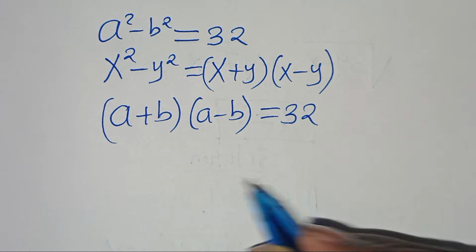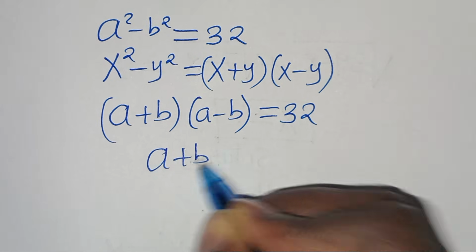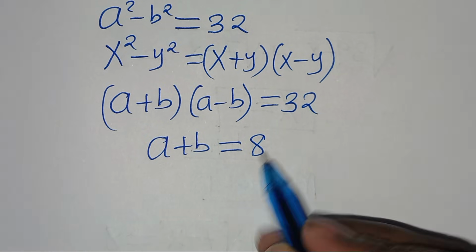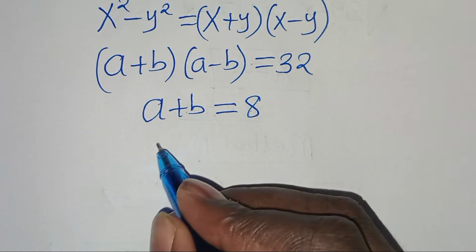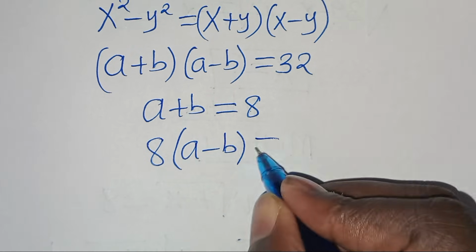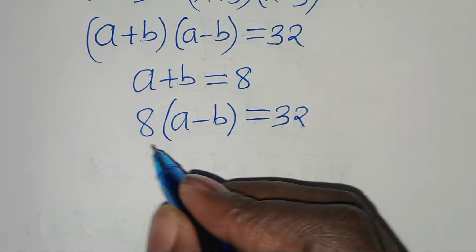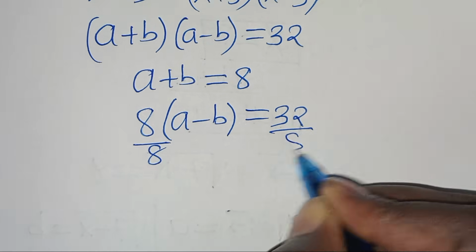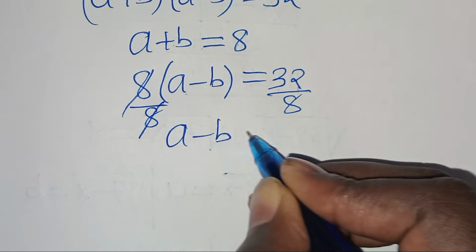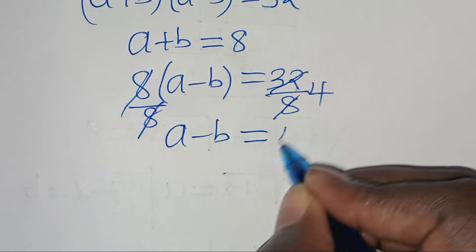Now we have that a plus b is equal to 8. Let's substitute 8 here, so that we have 8 multiplied by a minus b equal to 32. So let's divide both sides by 8, so that now a minus b is equal to 32 divided by 8, and this is equal to 4.